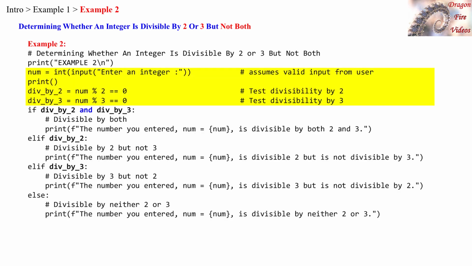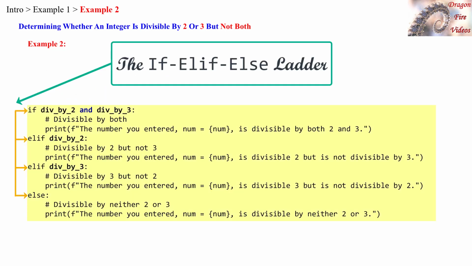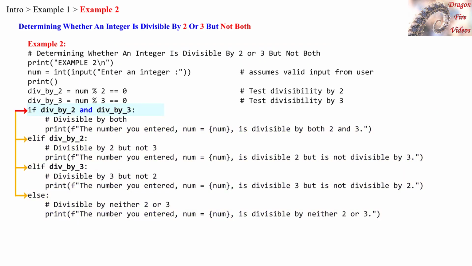We have the same beginning to the code. We have our same Boolean variables. Now we look at our if-elif-else ladder. Let's see what the logic is here. So again, we check the AND condition first. If it's divisible by 2 and divisible by 3, then we, of course, print the appropriate statement.